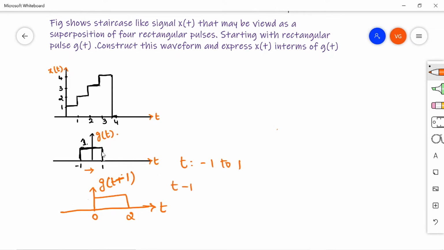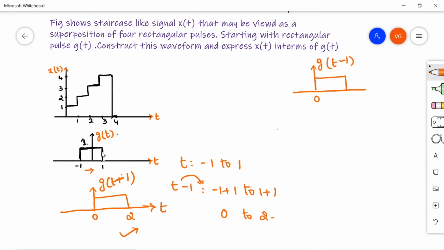With t minus 1, you take the minus 1 to the other side: minus 1 plus 1 is 0, 1 plus 1 is 2, so 0 to 2. So this is the base signal I have to take, g of t minus 1, extended from 0 to 2. Now check whether the signal is present in x of t or not.